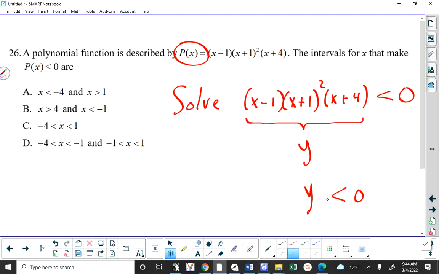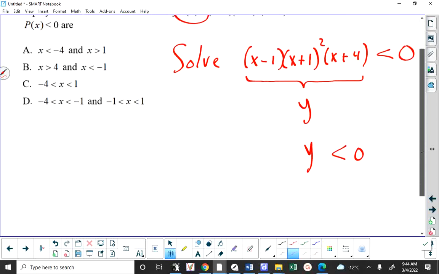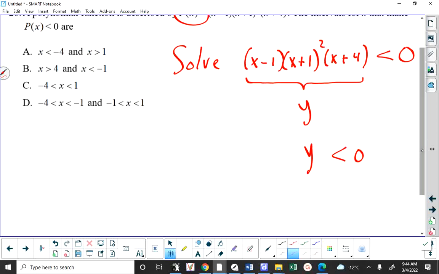But we want to answer that question by talking about x. We want to give a domain of x values that produce negative y values. And the only way to really do that at this level, we will learn a different approach in calculus in the next unit, early in the next unit, the only way to do it in this particular course is to look at the graph of that function.